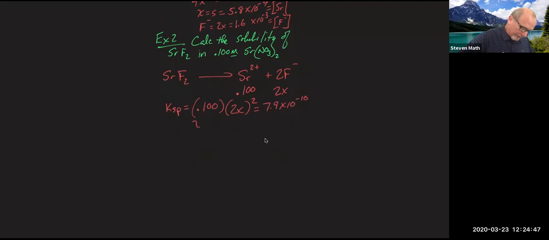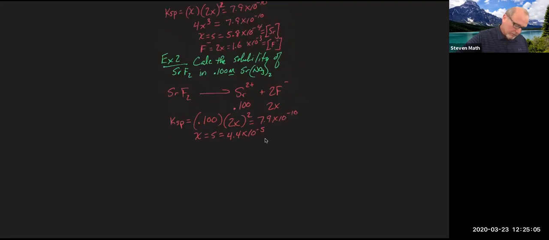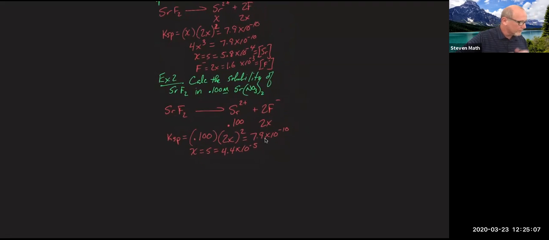And now what we find out is X, or the solubility as we call it, is going to be 4.4 times 10 to the negative 5th. Okay, so our solubility went down a wee bit. We didn't add very much, but just a wee bit.